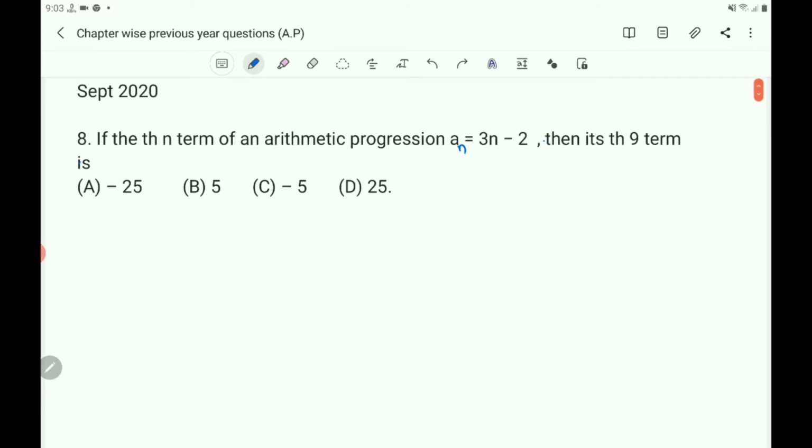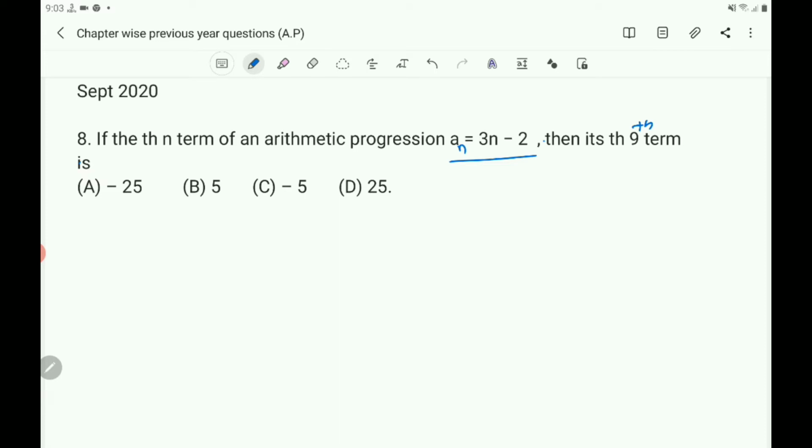It is a multiple choice question. If the nth term of an arithmetic progression is an equals 3n minus 2, then its ninth term is. So here you take the solution. Don't guess the answer.